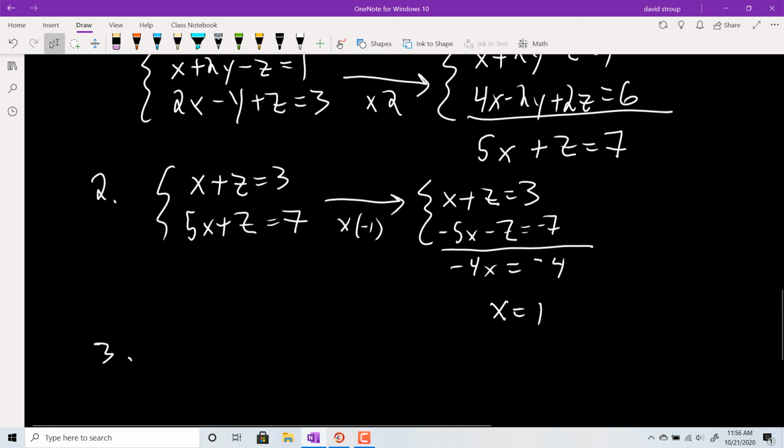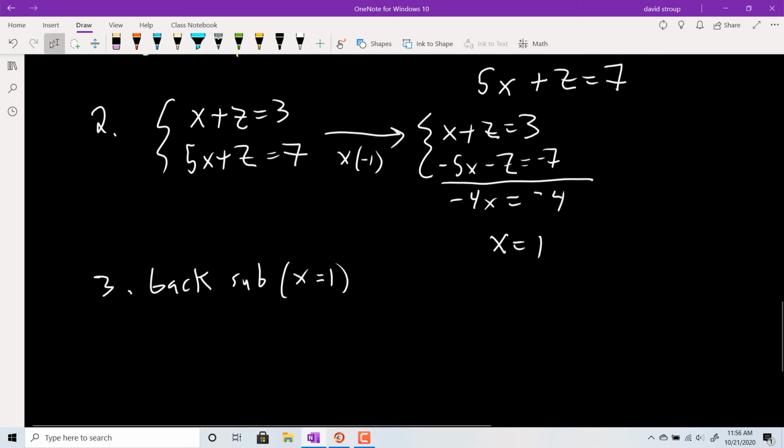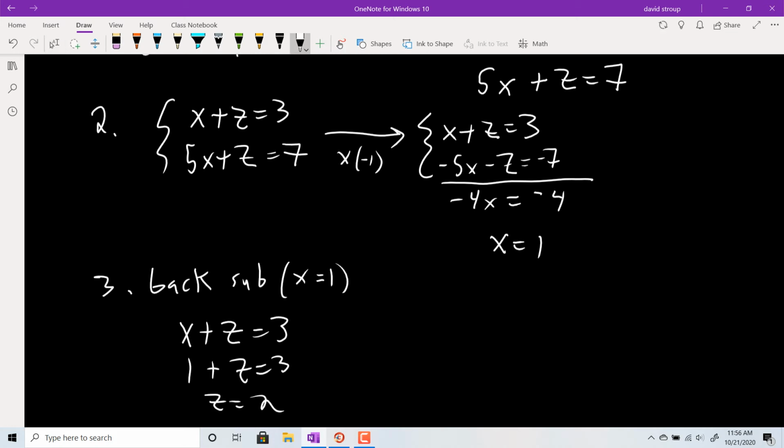And then, of course, do all your back subbing. Right now I have x is 1. Okay, so I'll plug that into any equation that has 2 variables, including x. So x plus z is 3. I'm plugging in 1 for x. So z is 2.